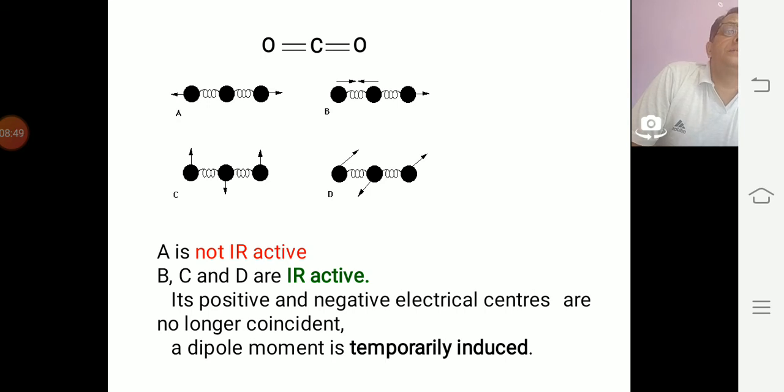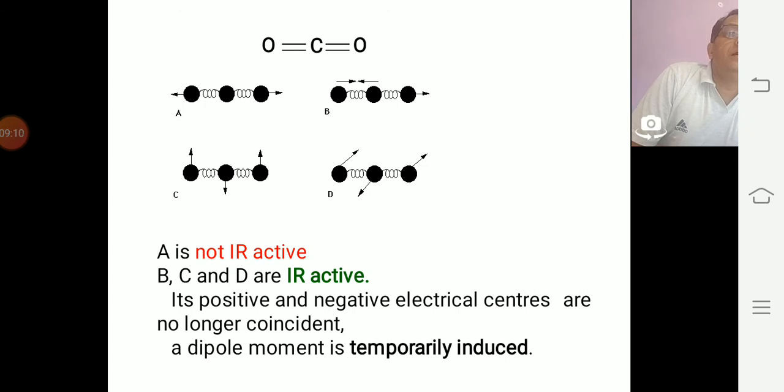A is not IR active because it is symmetric. B, C, and D are IR active because in these cases the dipole moment will change.